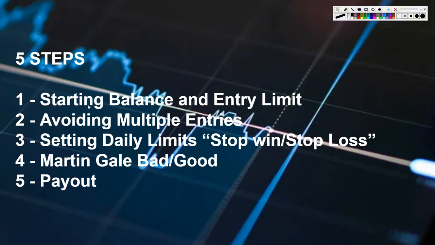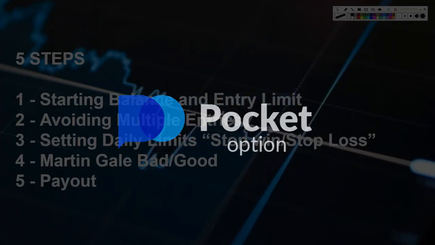Okay, for instance, if your starting balance is $50, each trade shouldn't exceed $2.5 with 5% or $1 with 2%. That is the minimum value acceptable on Pocket Option for each operation. Okay, this helps mitigate potential losses and manage your funds.